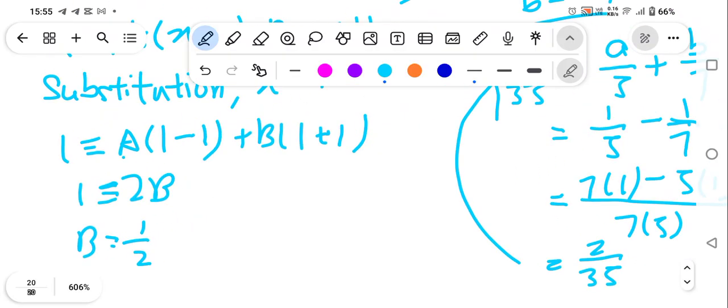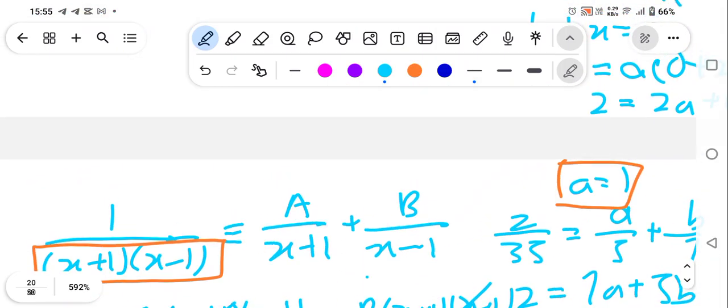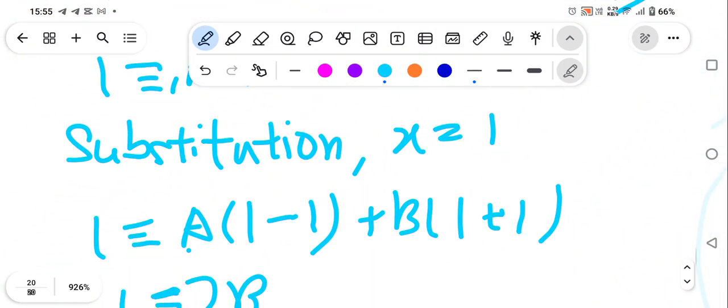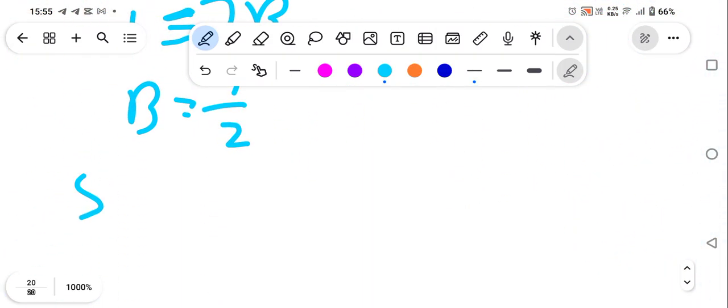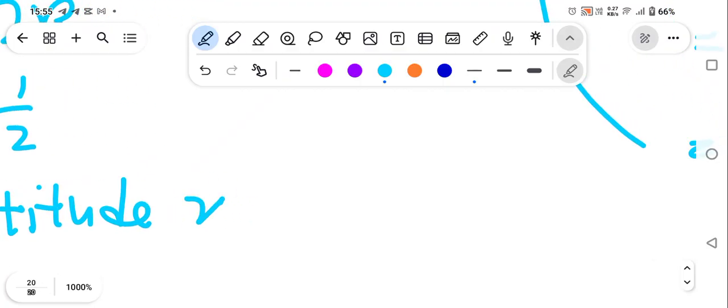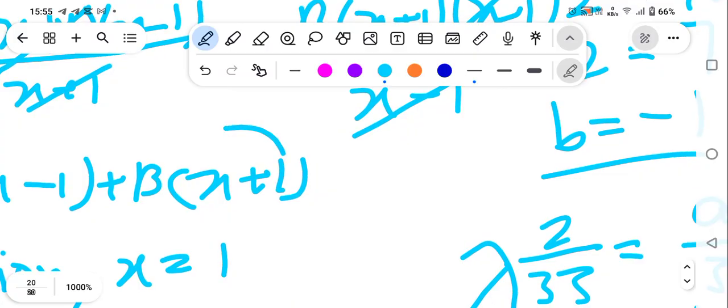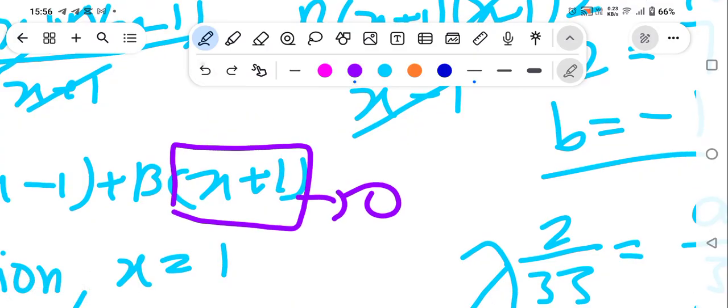So now with this, we're going to solve for a, knowing b is equal to 1 over 2. We're going to do another substitution: x equals negative 1, and this will make this term 0.